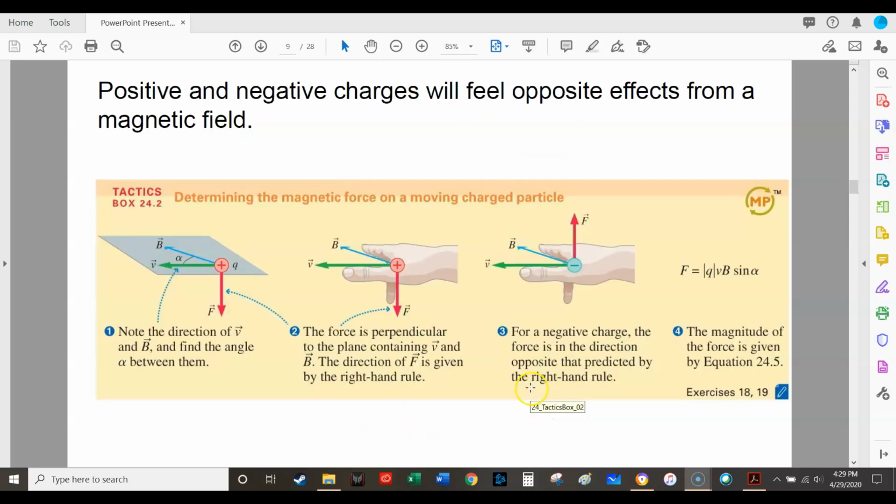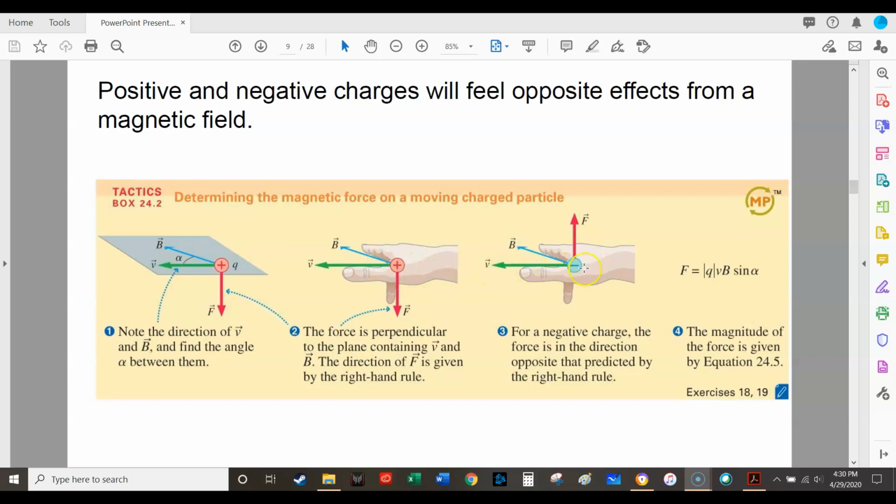Okay? So I had said that you have to point your thumb in the direction that the positive particle is moving. Okay? Or the current is pointed. Well, you'll notice I said positive particle or current.